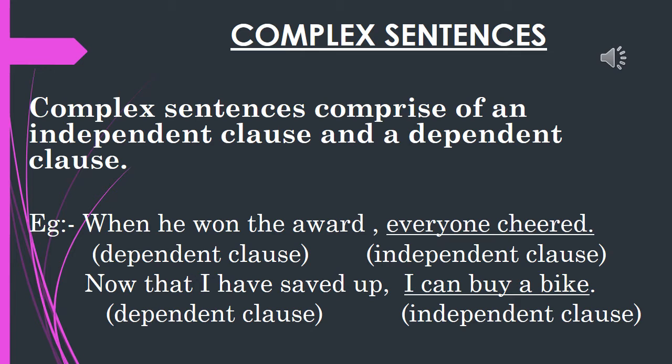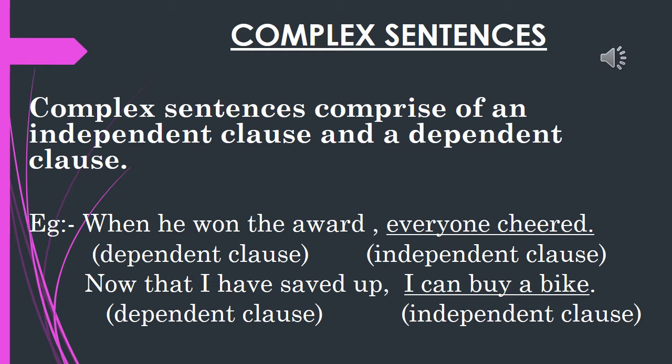See the example. When he won the awards, everyone cheered. See the first clause. Is it a dependent clause or an independent clause? Yes, it is a dependent clause. When he won the awards, it is not giving a complete thought, or it is depending on another part, the main clause there. And see the second clause.